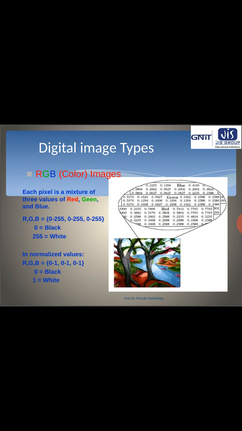Here each pixel is a mixture of three values of red, green, and blue. Each value lies between 0 and 255. 0 means black, 255 means white. In normalized values, RGB lies between 0 and 1, where 0 equals black and 1 equals white. So this is nothing but the RGB color image.